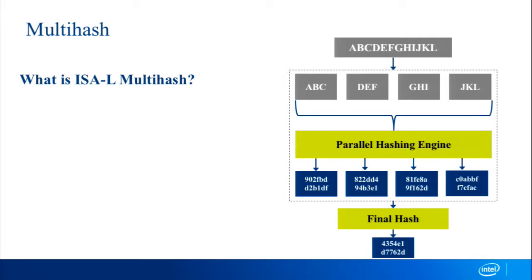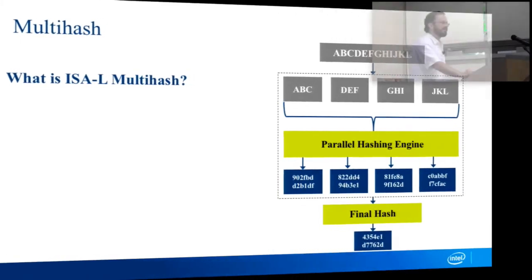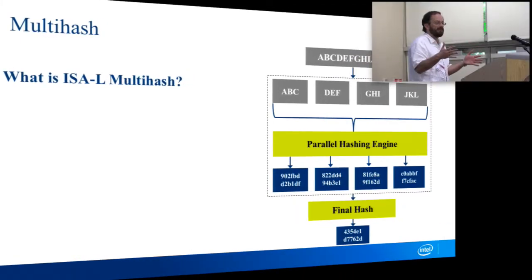So what we've done is we've taken the multi-buffer hashing and we run it all together on one buffer. So you have 16 independent interleaved pieces of your block. We run them all together at the throughput of multi-buffer hash, and then at the end you have a number of hashes and we hash them all together.